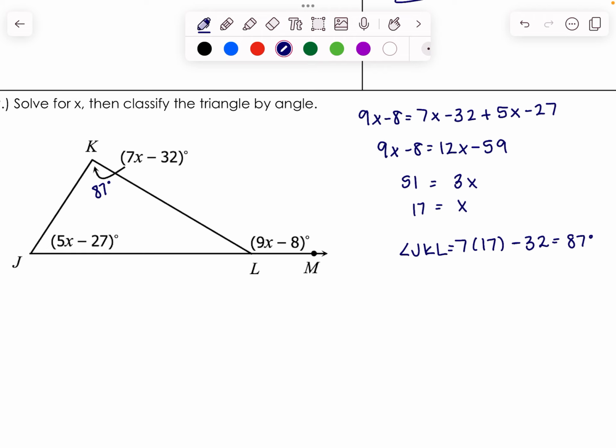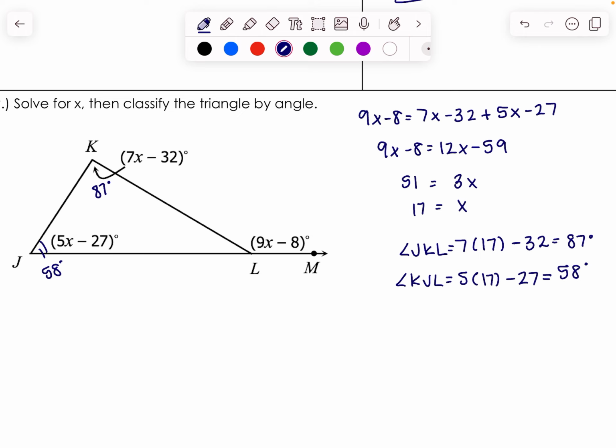Okay, then let's say I want angle KJL, so this left angle over here. That's going to be 5 times 17 minus 27, and that's going to be 58 degrees. So this angle over here is going to be 58 degrees.